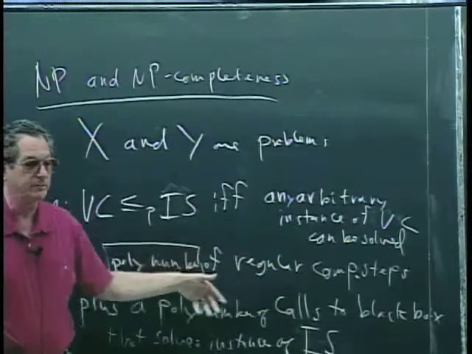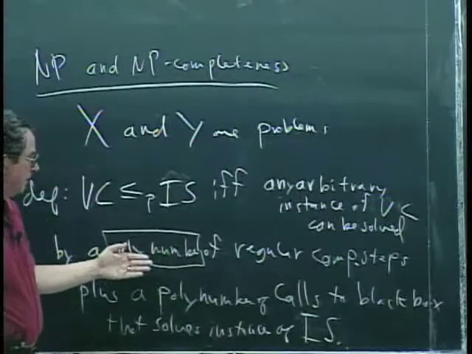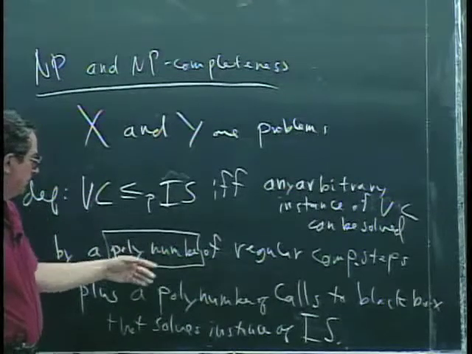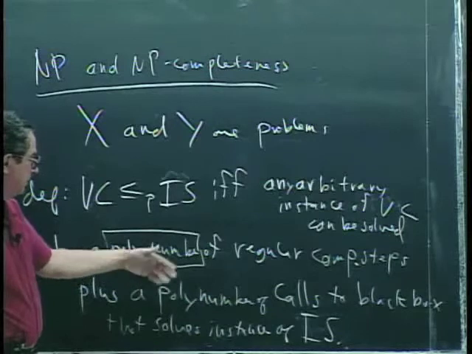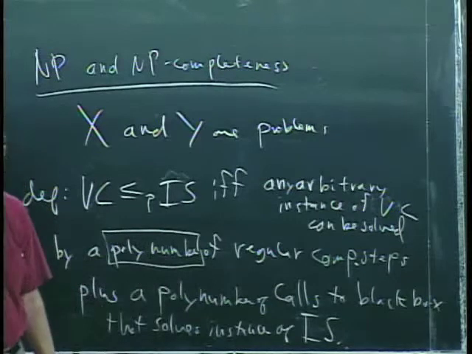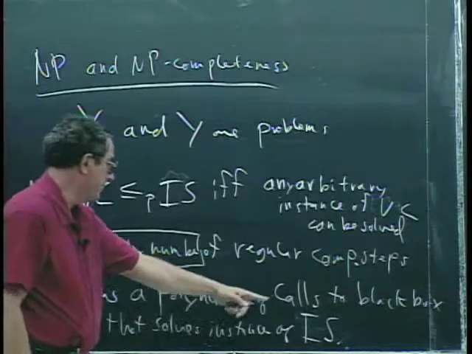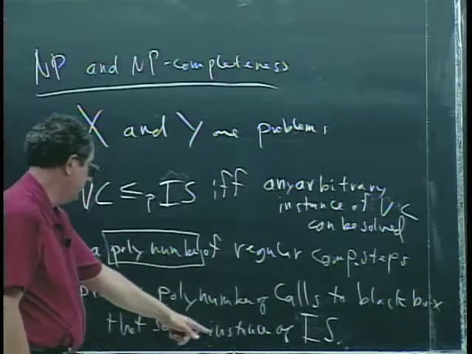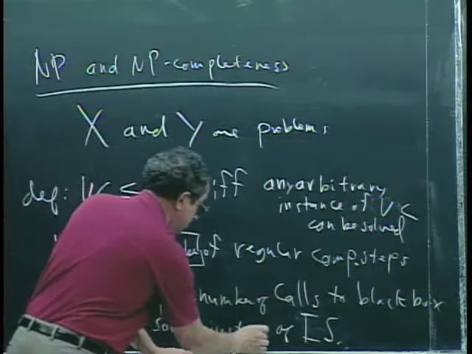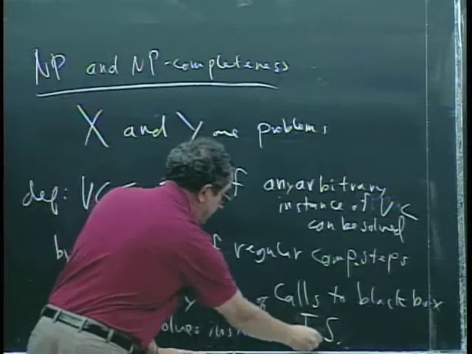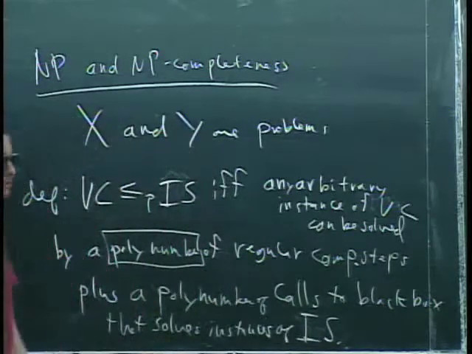Okay, so the algorithm's time has got to be bounded by a polynomial function of the input size. And it can make a polynomial number of calls to a black box that solves instances of independent set.